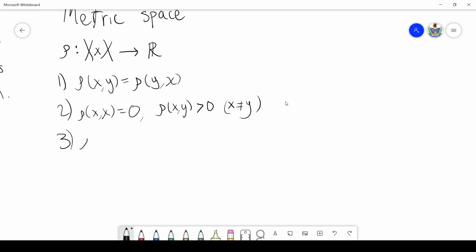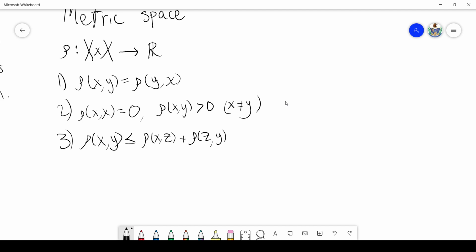The third condition is known as the triangle inequality, which essentially says that if you travel to an intermediate point, then the sum of the distances from x to z and from z to y cannot be less than the straight distance from x to y.